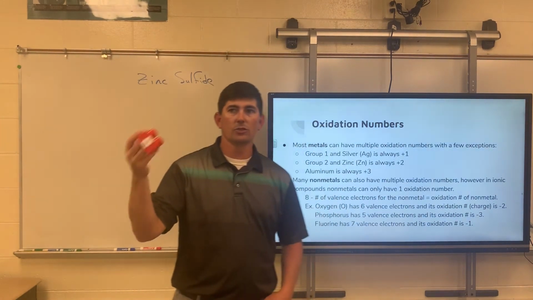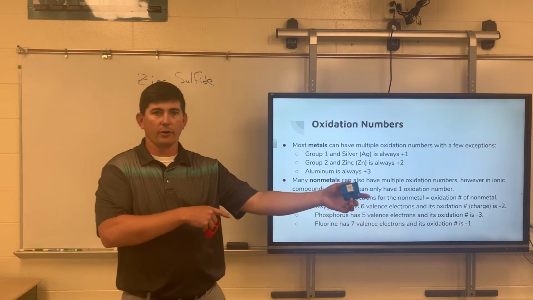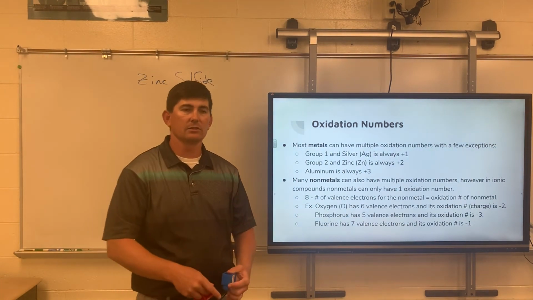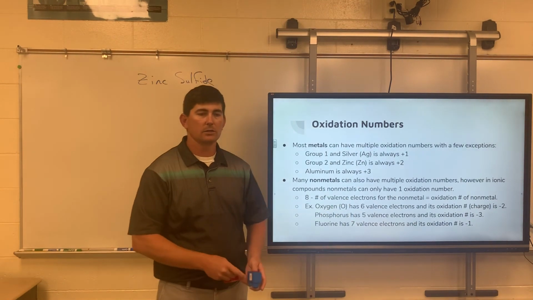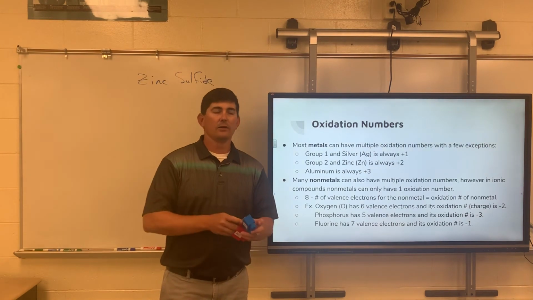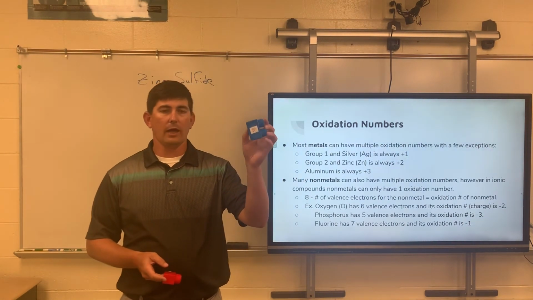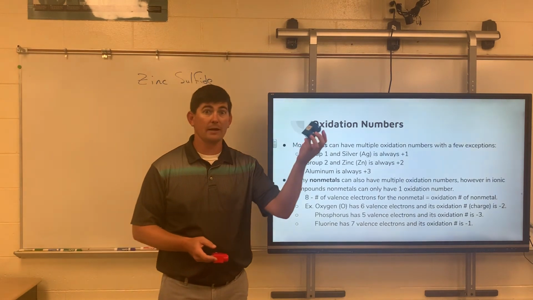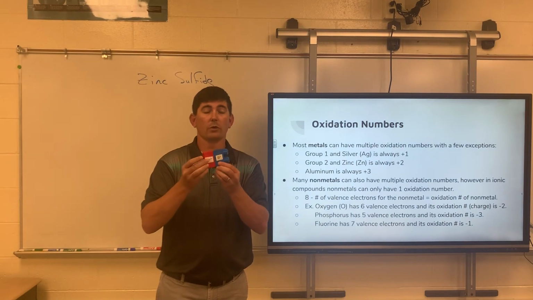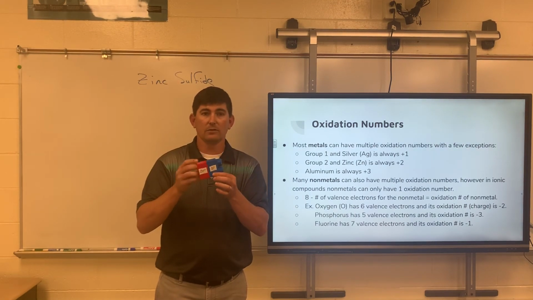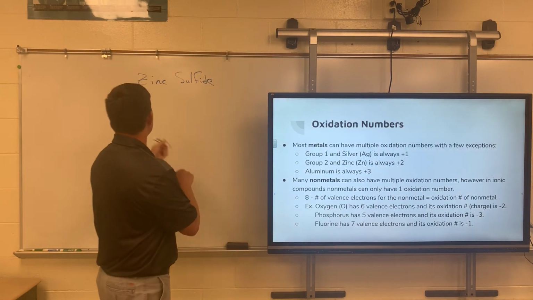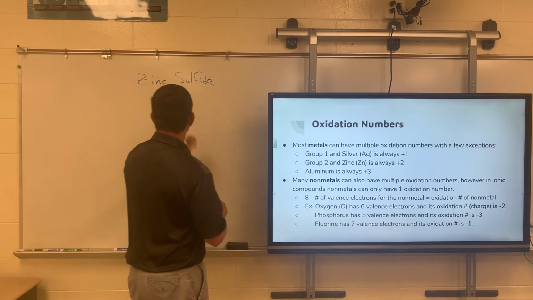And then sulfide, if we find sulfur, we've changed the ending, so it's a monoatomic ion, an ion made from one atom, right? We've changed that ending to "ide," and sulfide is a -2. So zinc and sulfide just go together in a 1-to-1 ratio. I just need one of each in order to work, because each of them has a +2 and a -2 charge, and you end up with zinc sulfide.